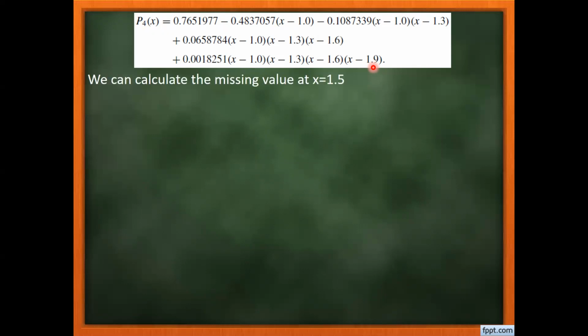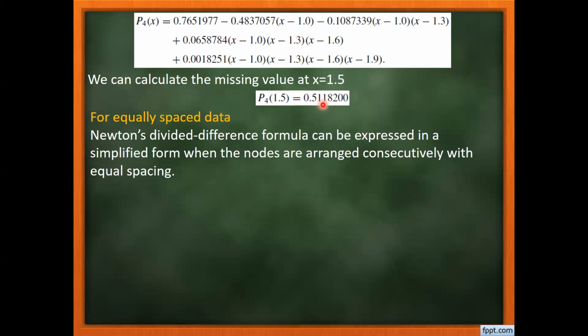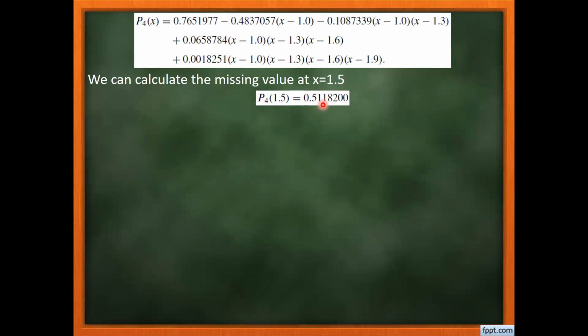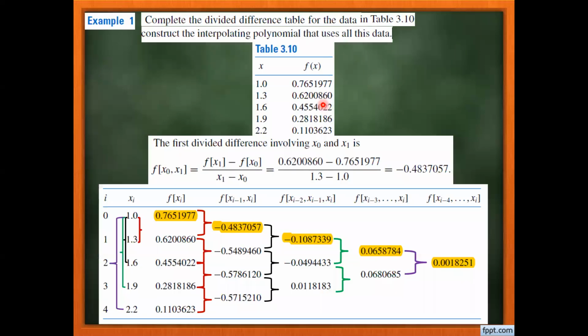Now, let's say we want to use the polynomial to calculate the value at 1.5, which was not provided in the table. So when you plug in x equals 1.5, you will get this answer. Now, there is a possibility that we have an equally spaced data set, like what we have seen here.